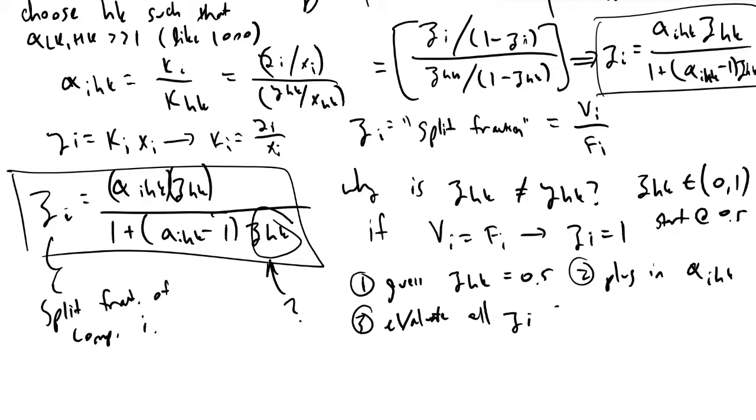And with these zeta sub i's, we can determine what the vapor and liquid flow rates are as follows. If we wanted to know the vapor flow rate of species I, it would be equivalent to F sub I times zeta sub I, and then do this for all species I.